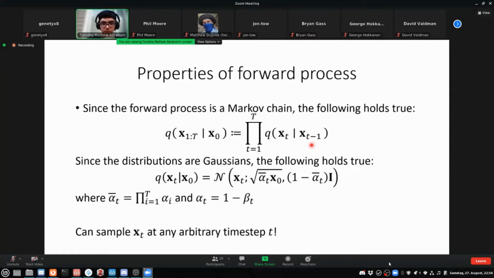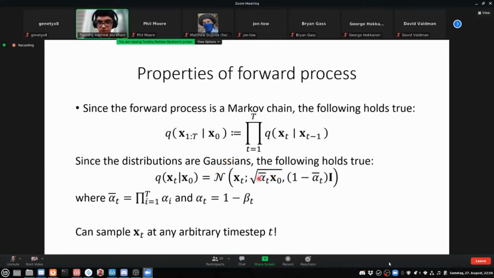Then we can just multiply them out to get the distribution for the end time point. So it's just dependent on x0, and then you can get xt from that. Because it's a Markov process, everything is independent.